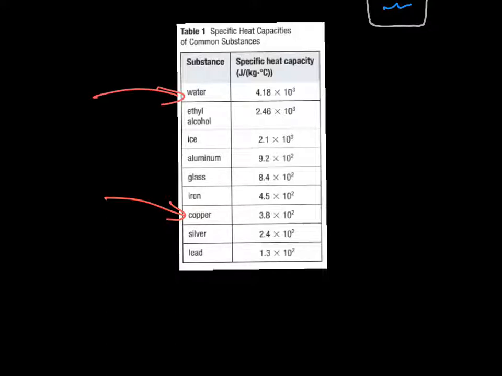You'll notice that water has an extremely large specific heat capacity. It's one of the really cool properties of water. And copper has a specific heat capacity which is greater than 1,000 times lower. So it will jump up in temperature or down in temperature much more in relation to energy being added to it.